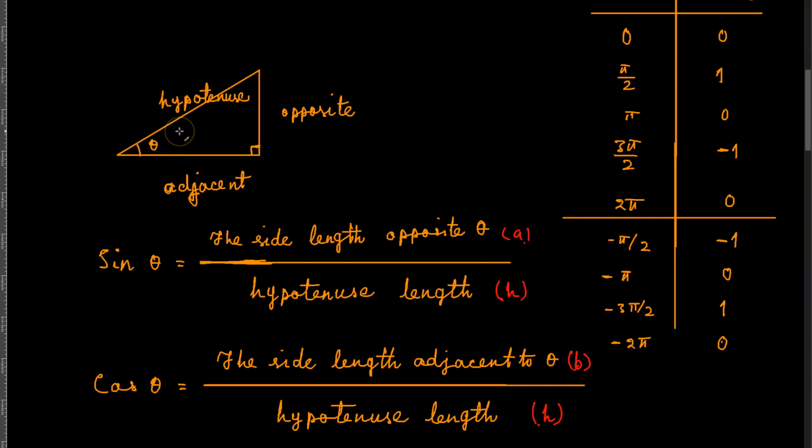And of course, in coordinate geometry, you must remember that we define the slope of a line as tan of theta, the angle theta that was constructed in that case.